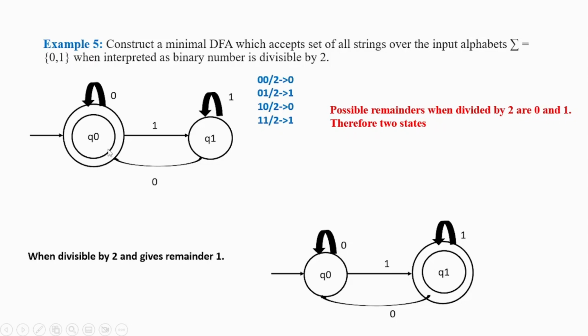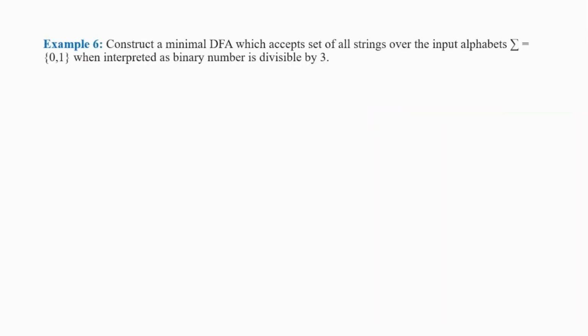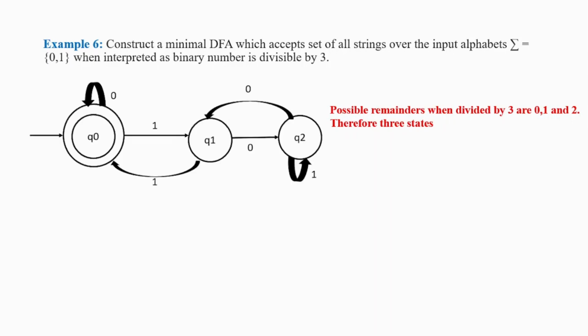Okay, and the next question is the same thing, divisible by 3. So what are the possible remainders when I divide a number by 3? The possible remainders are 0, 1, 2. So we have 3 remainders, therefore 3 states, right? Q0, Q1, Q2. Same way, whenever I see 0, it will stay in the same state.